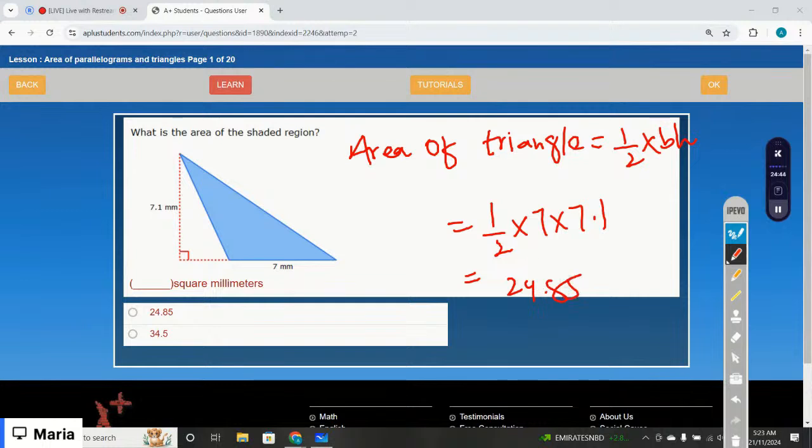So how do we calculate the area of triangle? That is half times base times height.